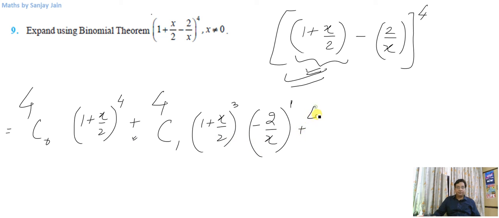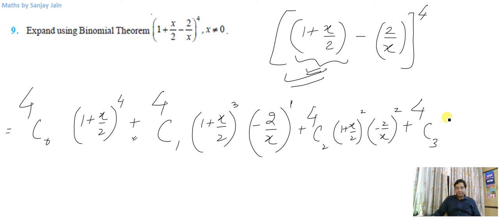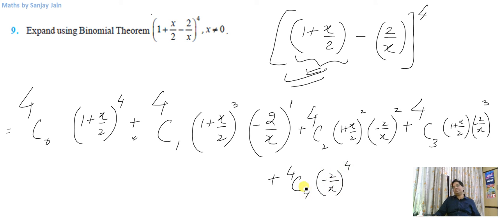Then plus 4c2 (1 plus x by 2) raised to power 2 and (minus 2 by x) raised to power 2, and then the second last term, 4c3 (1 plus x by 2) raised to power 1 and (minus 2 by x) raised to power 3, and now the last term, which is 4c4 (1 plus x by 2) raised to power 0, so I'll not write it, and (minus 2 by x) raised to power 4. This is how we will write it.